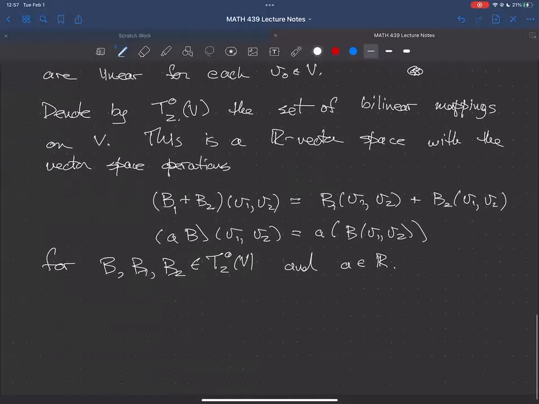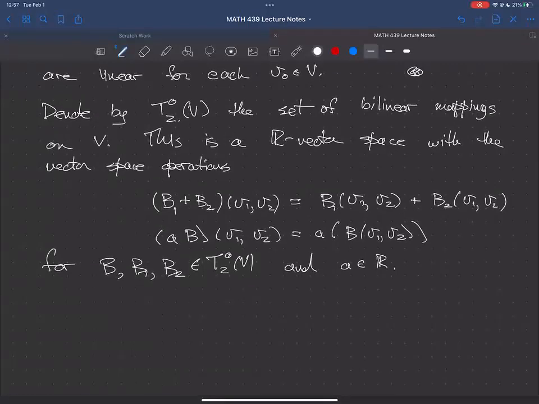You can sit down and verify that those satisfy the axioms of a vector space. This then leads us into thinking about what the dimension of this vector space is. We'll get around to that.